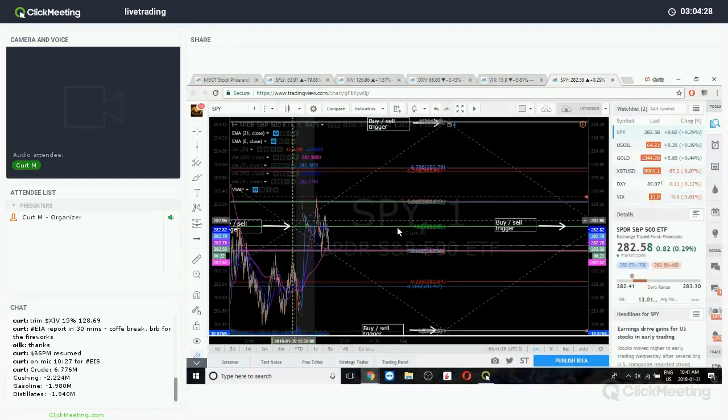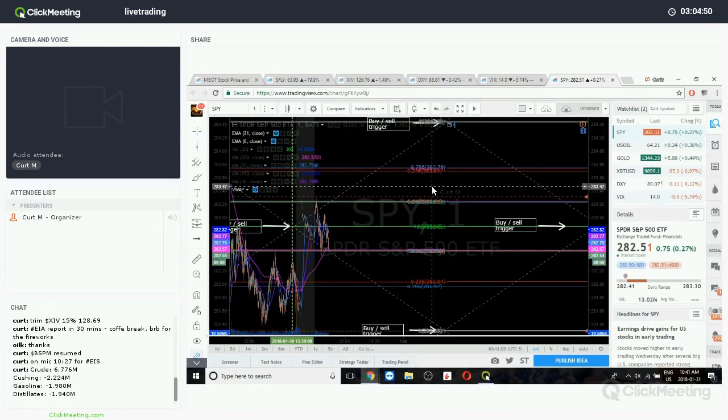So here's mid quad here, 282.86. What it does is it tests the fib below 282.49 and the fib above until it makes a decision to go up or down. Doesn't surprise me it's testing right when oil is testing. Some buys coming into oil here.